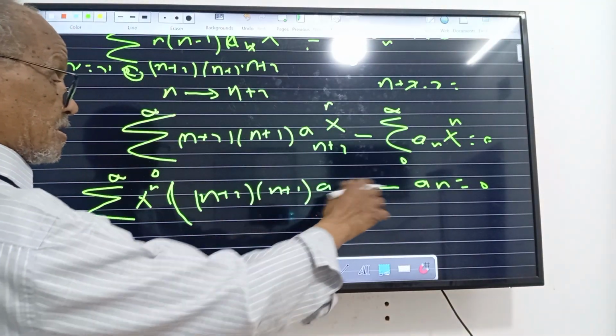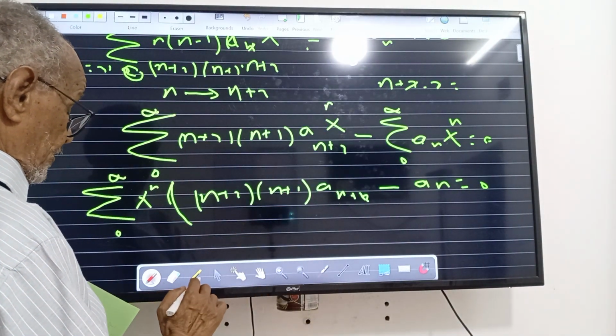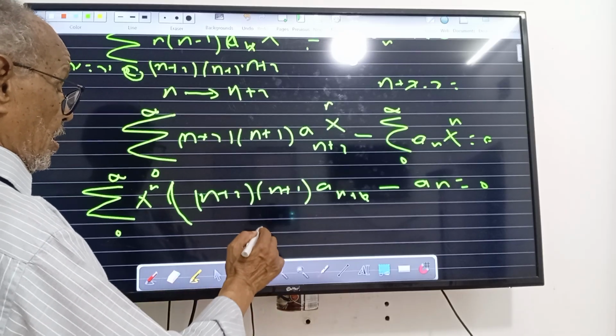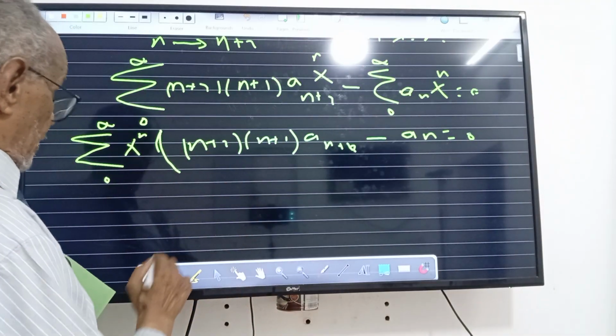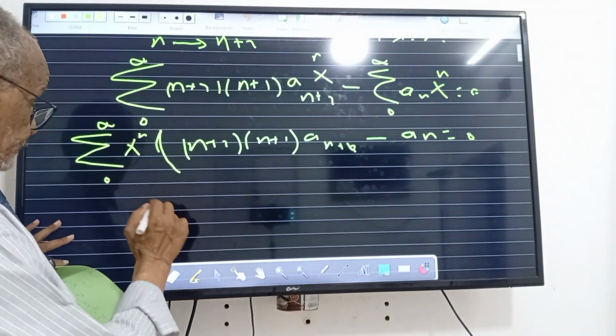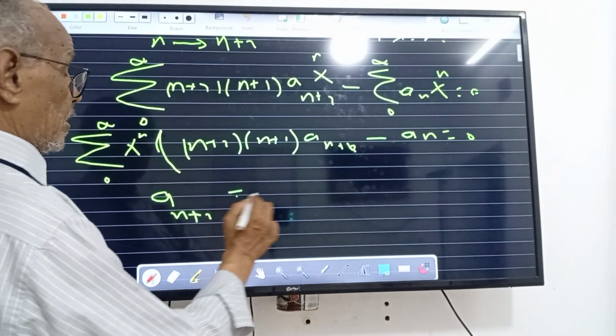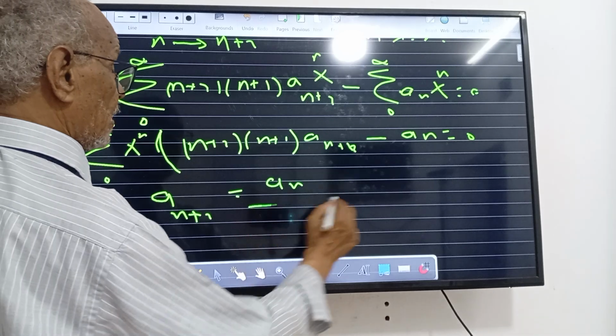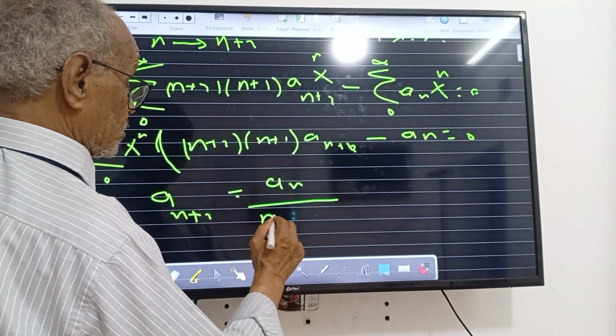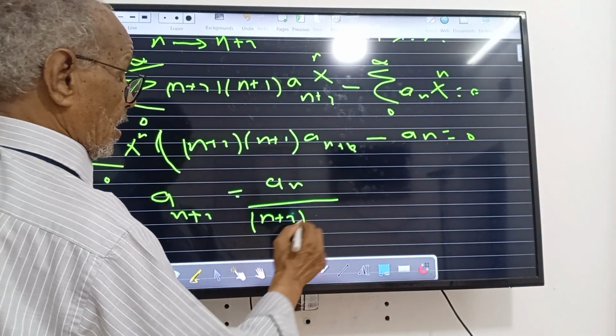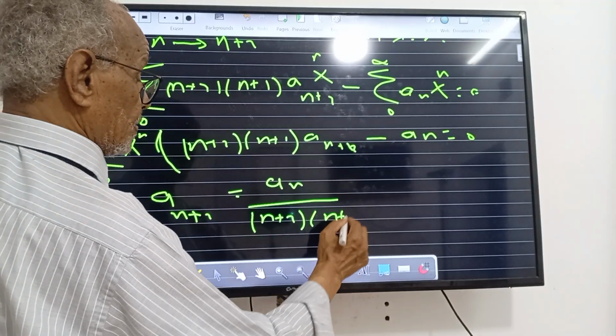After rearranging this equation, we have a n plus 2 equals a n divided by n plus 2 times n plus 1.